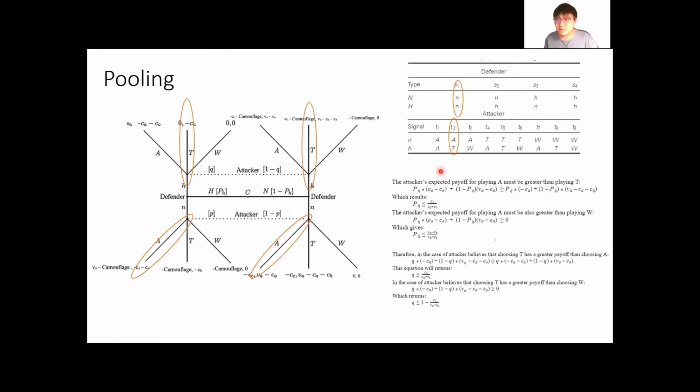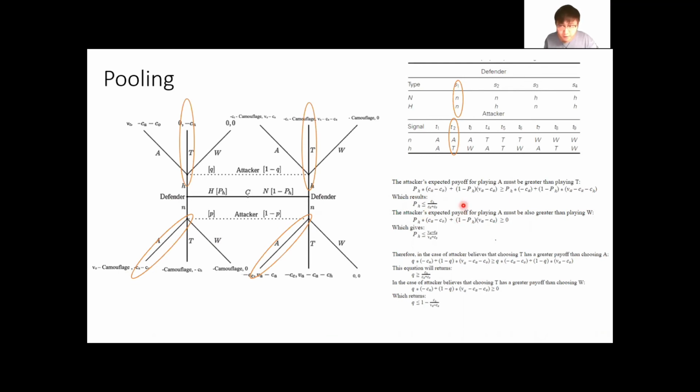Now we need to find out the constraints on the probability of the nature and the prior beliefs of the attackers. First, when the defender is playing on the equilibrium path, where she's sending N to the attackers, and the attacker responds with attack, we need to show that the attack can maximize the attacker's utility. And this is precisely what those equations are doing on this slide. And it will yield a constraint on the probability of nature.